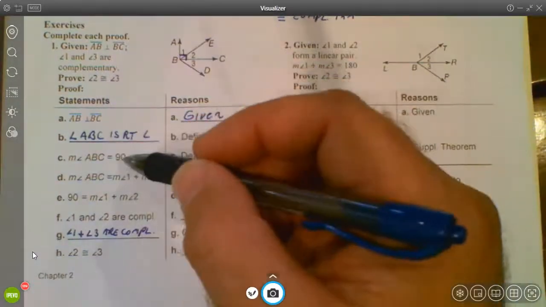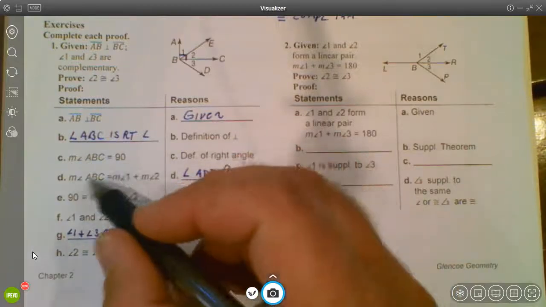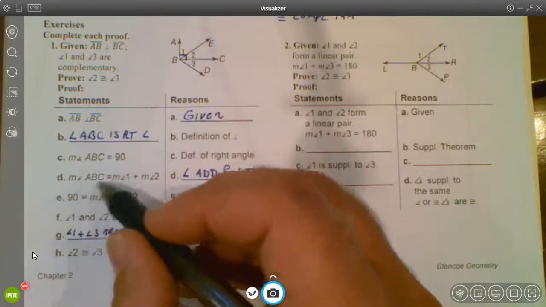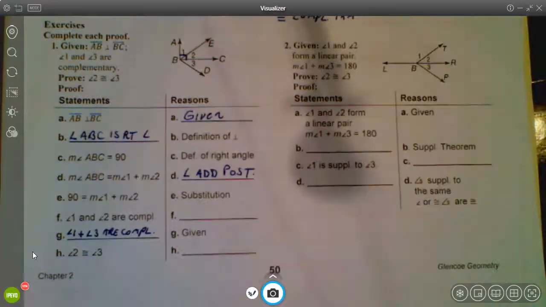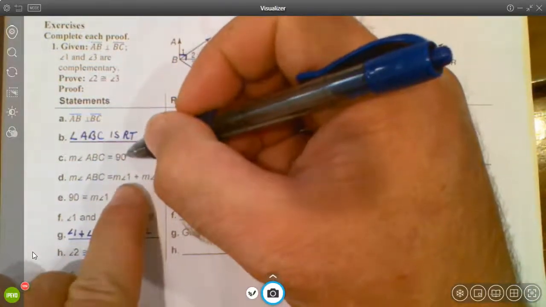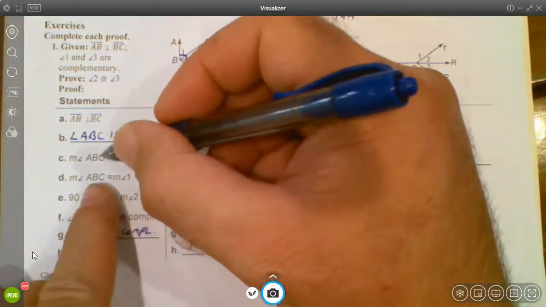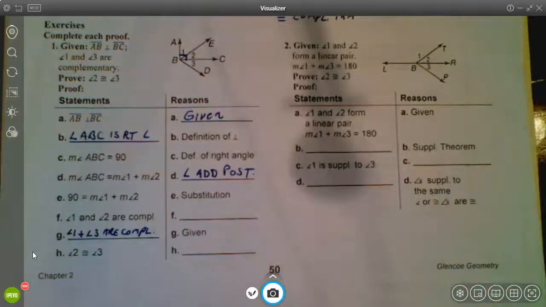So if ABC is 90, I can substitute my 90 degrees in for ABC. So 90 equals angle 1 plus angle 2. There's our substitution. You could actually use transitive for that one if you wanted to, because you're saying that if these two things both equal ABC, then they must equal each other, right? So you could also argue that as the transitive property.